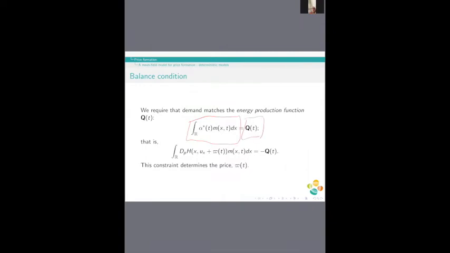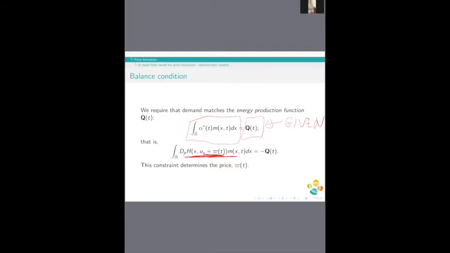And of course, we require that demand matches supply, where demand is given by the optimal strategy of the agent. So these are rational agents. They use their best strategy, and somehow this constraint determines the price.